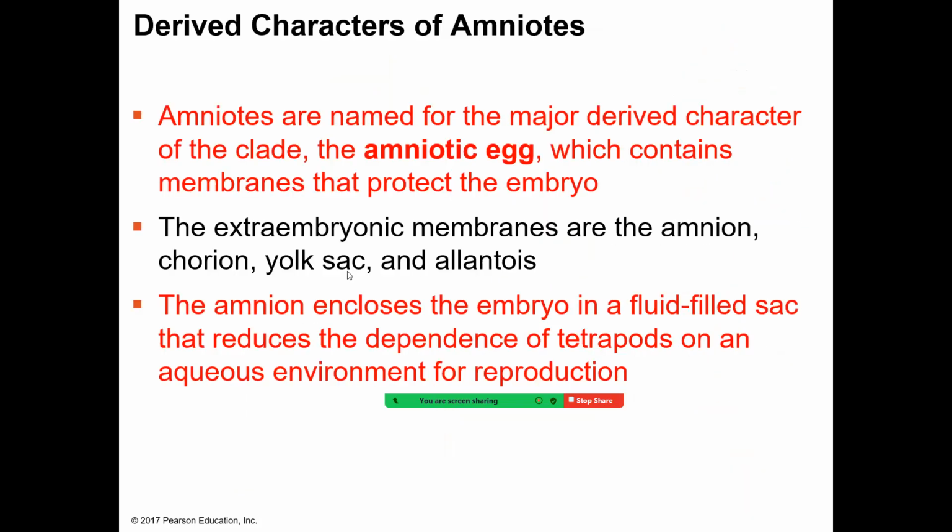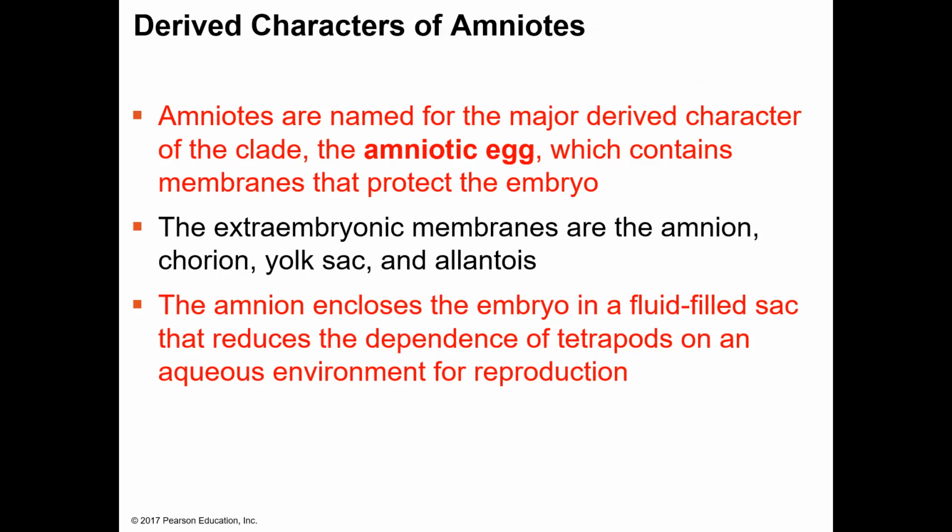Okay, so some derived characters of amniotes. The amniotic egg is an egg that contains membranes that help to protect the embryo. The amniotic egg is found in different places, depending on the type of animal that you're talking about, and we're going to look at some differences that we see here.